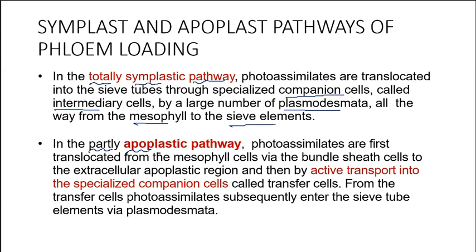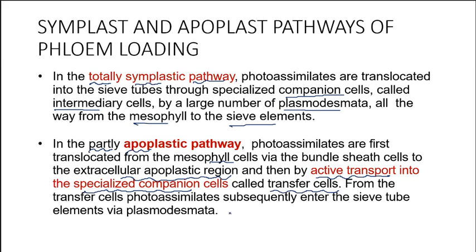So in the apoplastic pathway, from the mesophyll cells via the bundle sheath cells, they enter the extracellular apoplastic region. In the apoplastic region, by the help of active transport, they enter into the companion cells. Now here the companion cells involved are transfer cells. Okay, these companion cells do not have the connection with the source.